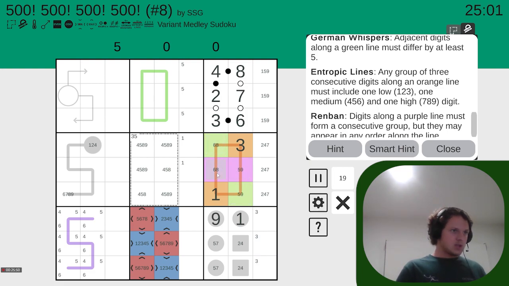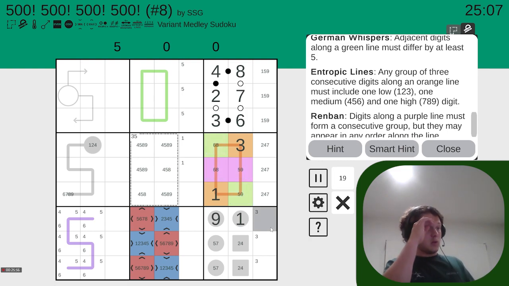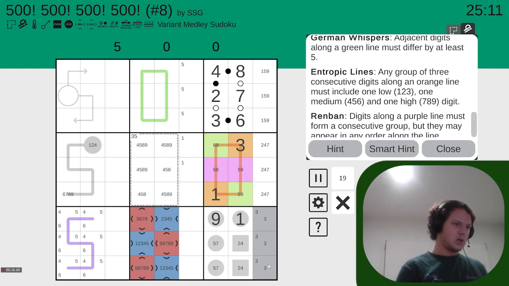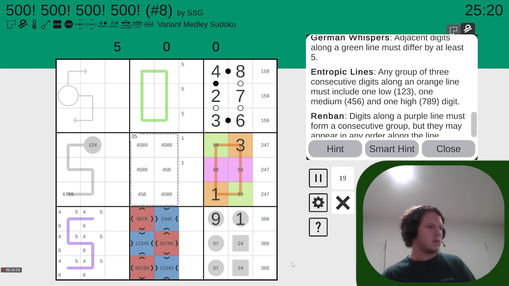So if this is high, this is high. If this is middle, this is middle. Or if this is middle, this is middle. This is high, this is high. Cool. And then the bottom, now we know what these three are. These three are 3, 5, nope, not 5, 8, and 6. Cool, this right side's looking really nice.